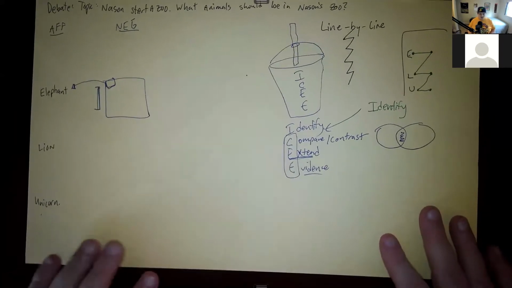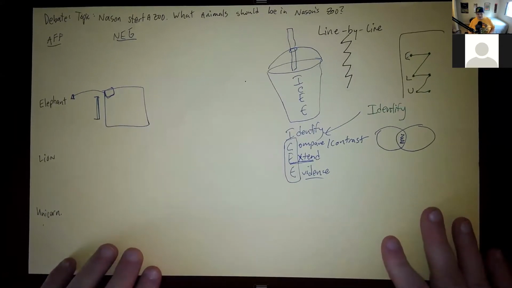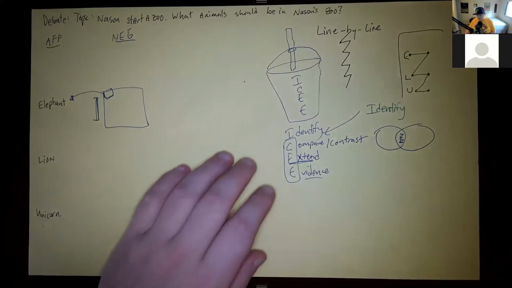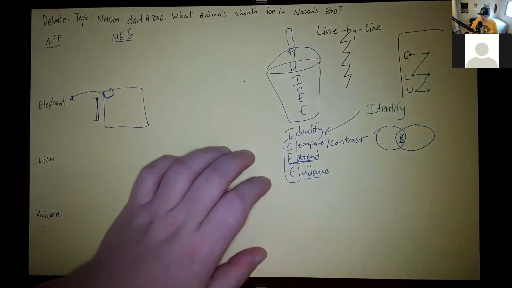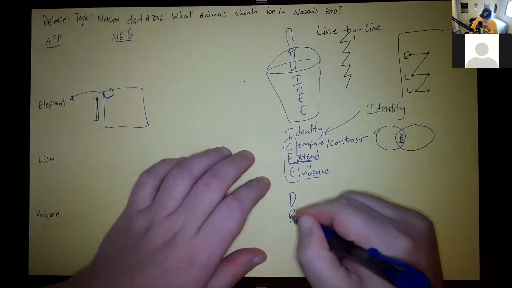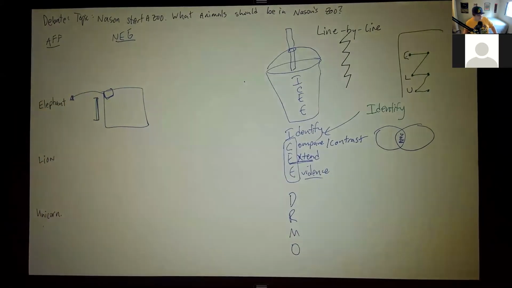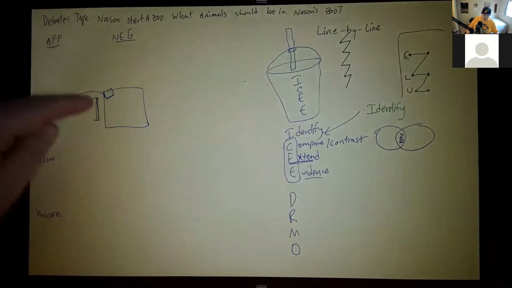Now, another way of thinking about this, and I have seen this used, I don't know who came up with this, but I have seen this probably since I was in high school at debate camp. People use this phrase, Dr. Mo. Dr. Mo is a way to respond to arguments.